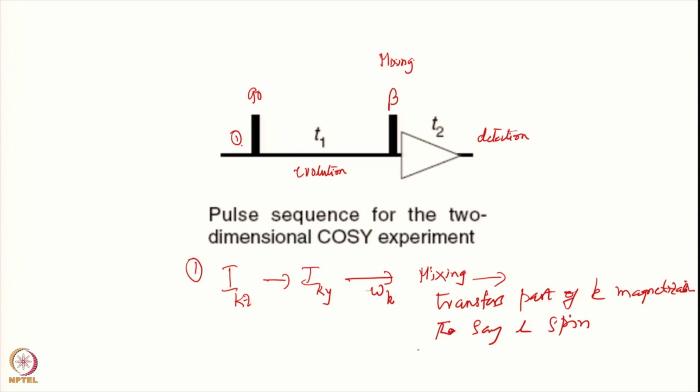So initially I have K, then I transfer some of it to the L spin. Therefore what is present in the t2 period? In the t2 period I have both K and L magnetizations.